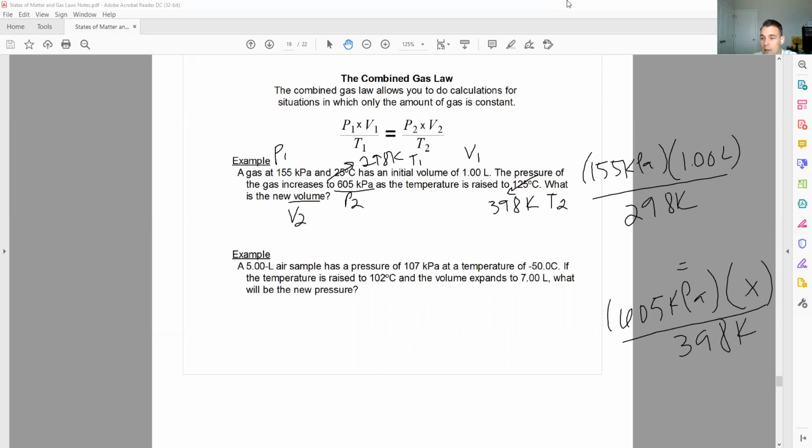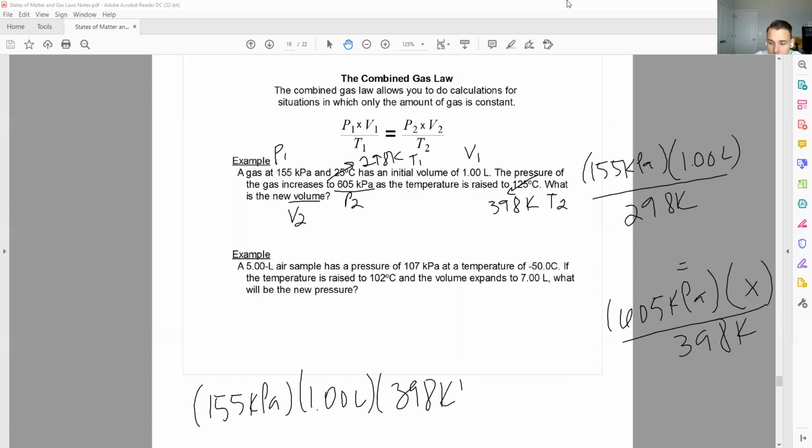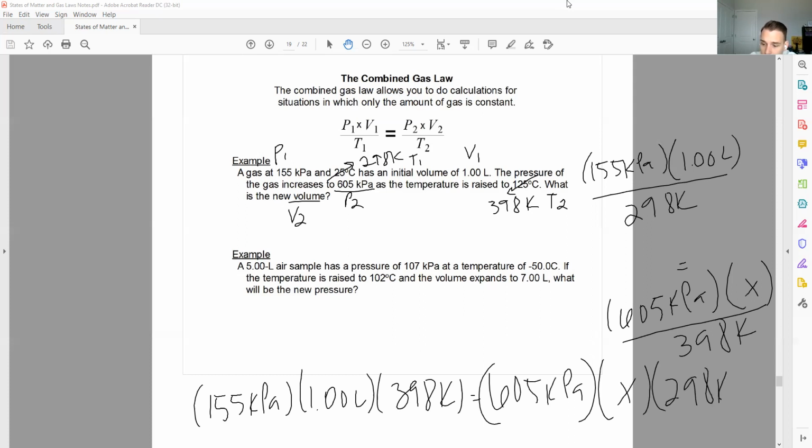So again, same thing, you cross multiply and divide. What that would look like, I'm going to do it down here, but then I'm going to have to erase it to do the next one. 155 kPa times 1.00 liter times 398 Kelvin will be equal to 605 kPa times x times 298 Kelvin.